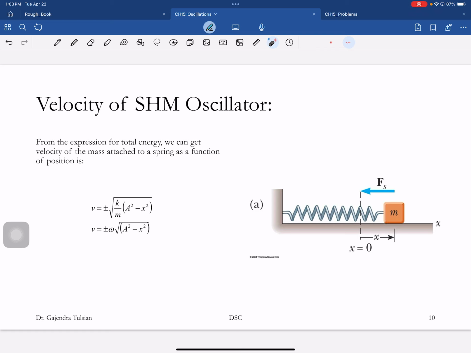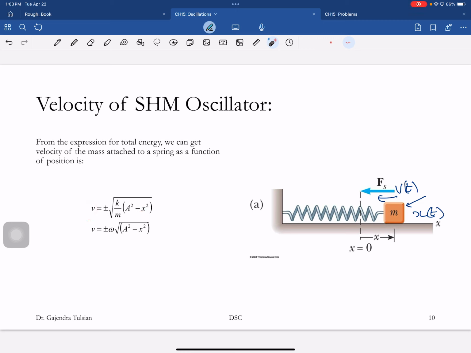We're still talking about this. We're talking about the velocity of this mass and the position of this mass. So what this expression is giving you is the velocity of that mass as a function of position.